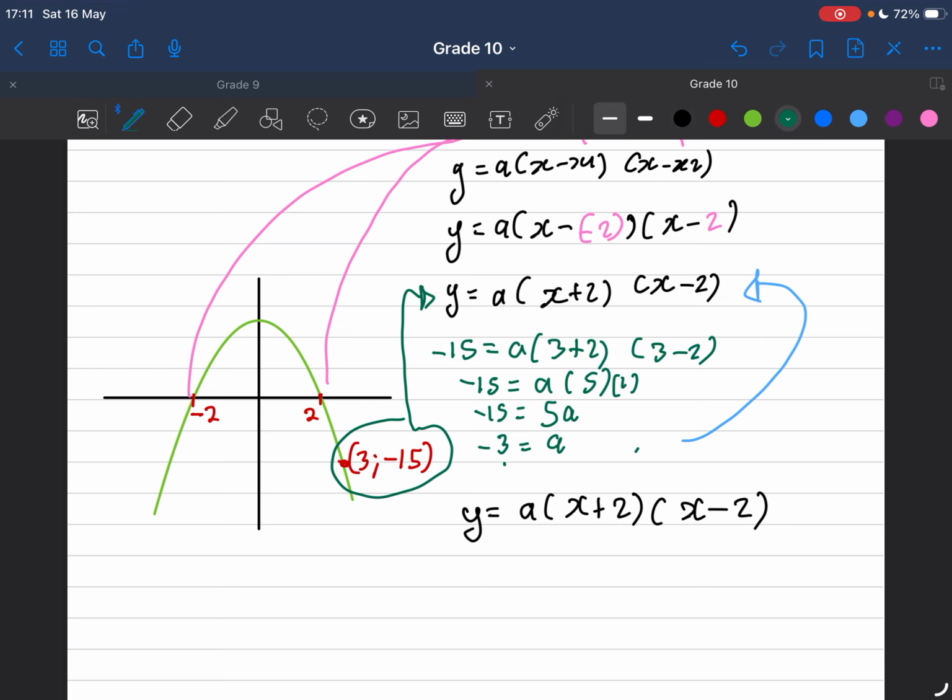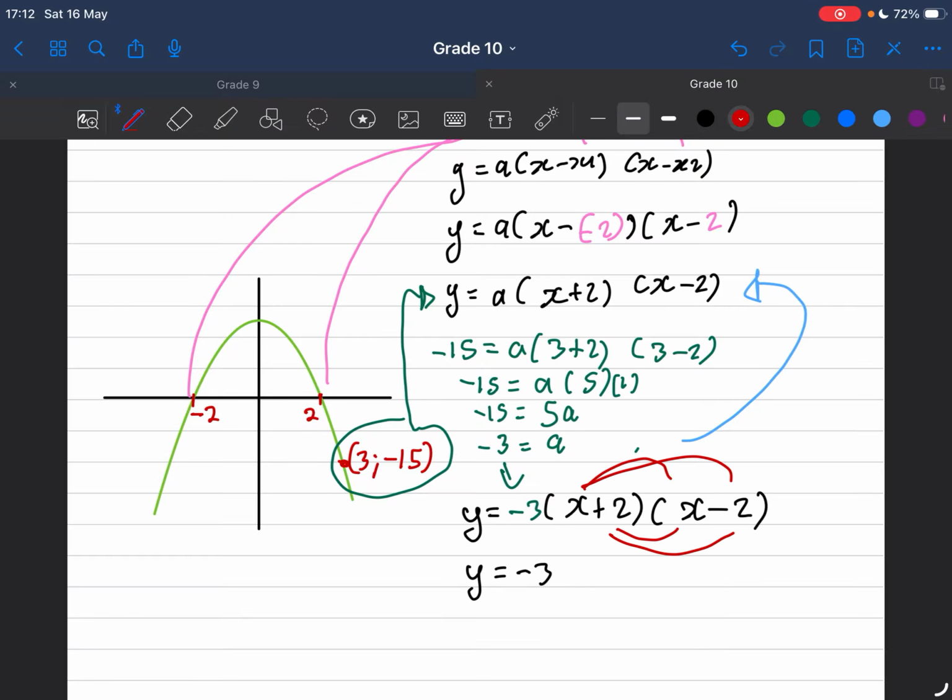Now remember I said I'm going to put this here, so erase that, and that's negative 3. And then you can say y is equal to negative 3. Now I'm gonna apply FOIL here. I'm gonna do the product of two binomials. So that answer is going to go into a bracket and be multiplied to negative 3. But let's FOIL that out.